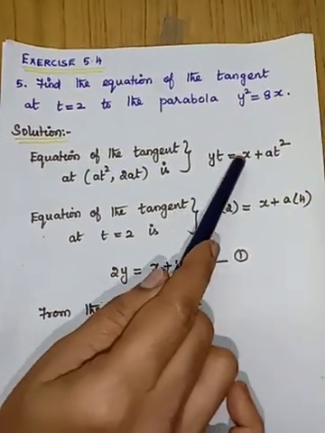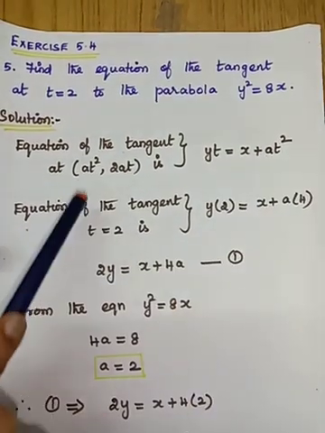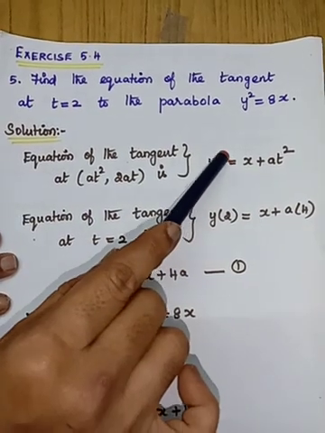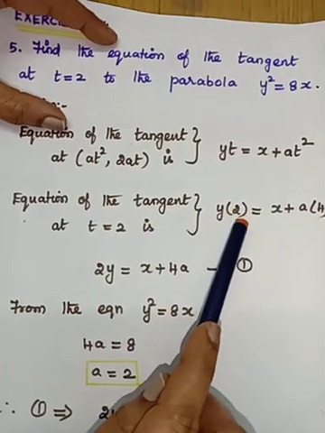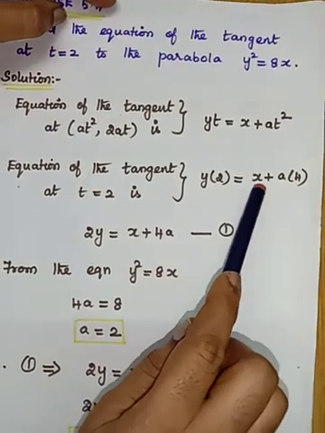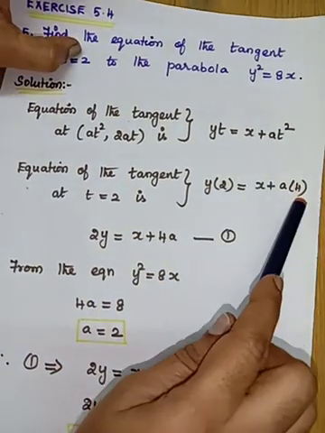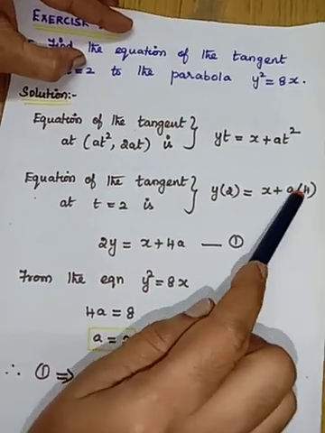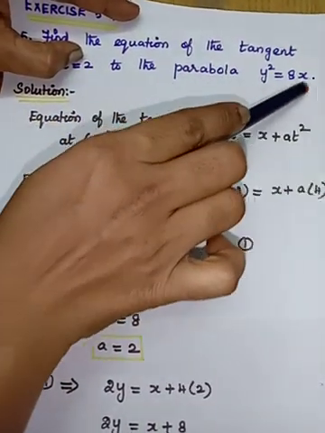So yt is equal to x plus at square. So what is t given? t is equal to 2. So in the place of t, 2 has to be substituted. y into 2 is equal to x plus a into 2 the whole square is 4a. So now what you have to find? You have to find a. So this a has to be found from the equation of the parabola.